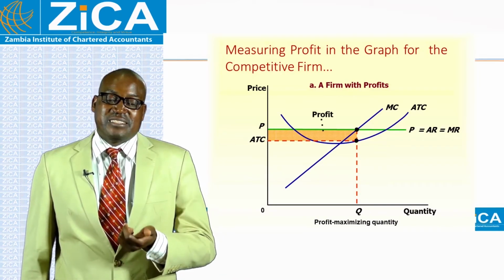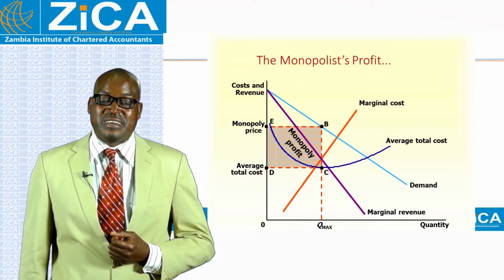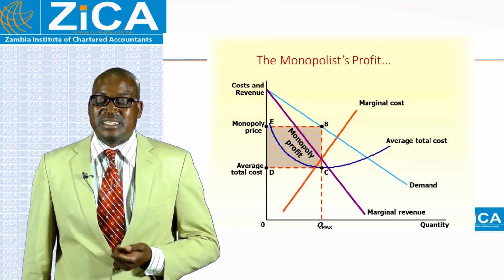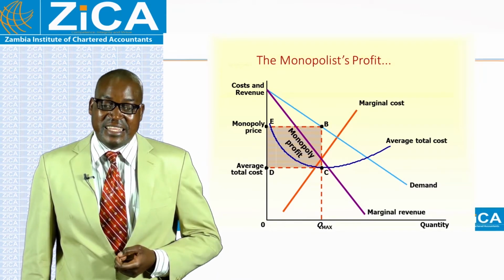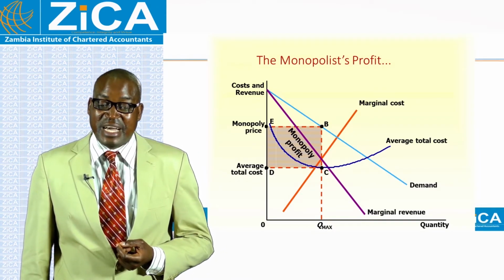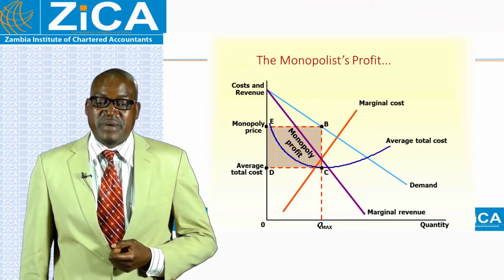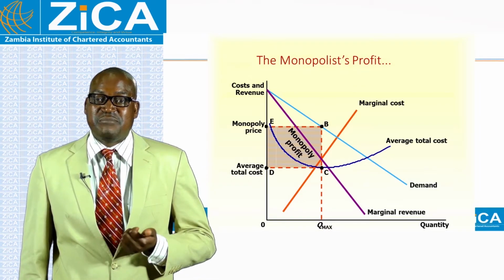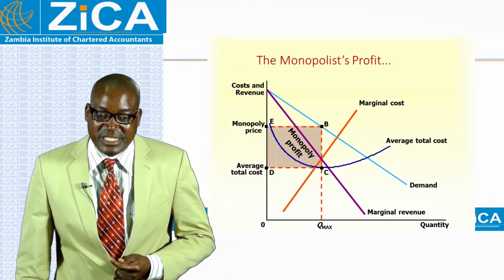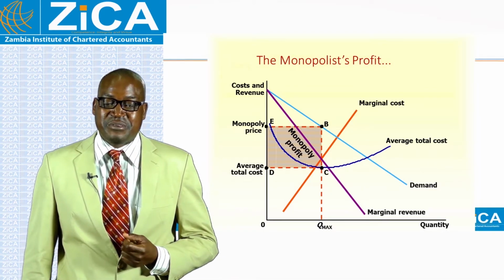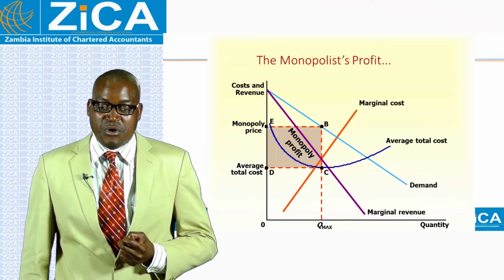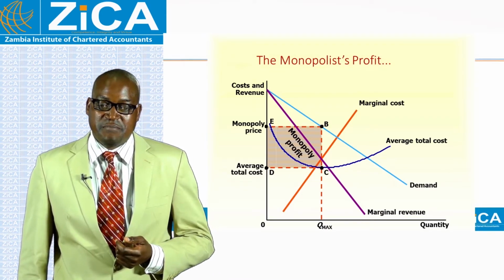A monopolist's profit maximization is also illustrated there, where we can see the demand curve is downward sloping. The marginal revenue is always less than the price and less than the demand curve. And the marginal cost, as usual, is similar to what we find in perfect competition. The profit maximization condition is that marginal revenue must be equal to marginal cost.